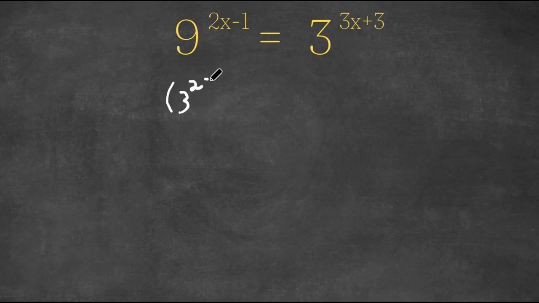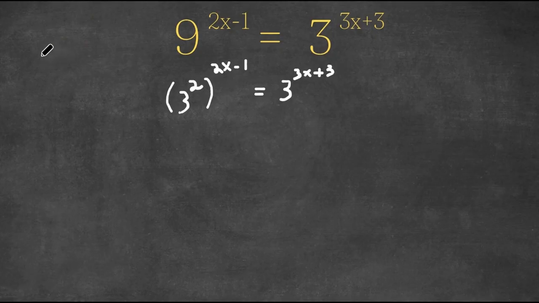So I have 3 squared to the power of 2x minus 1 is equal to, we're not doing anything to this side, so simply 3 to the power of 3x plus 3.